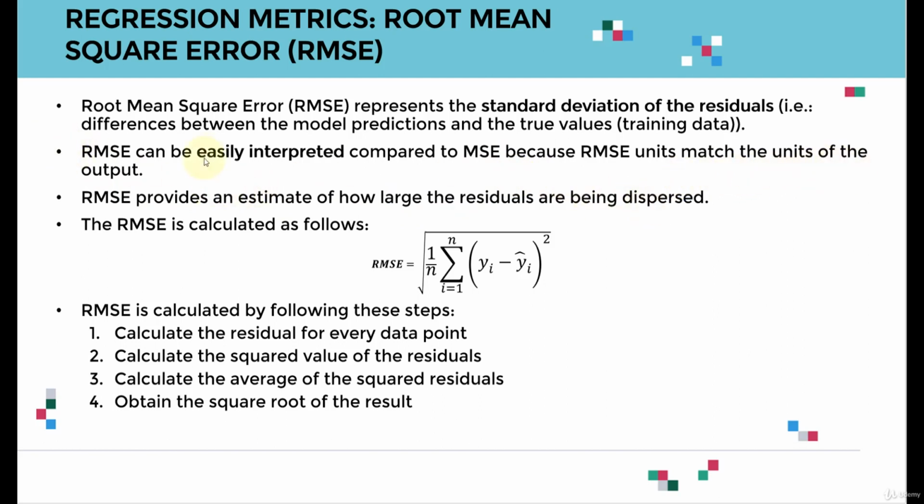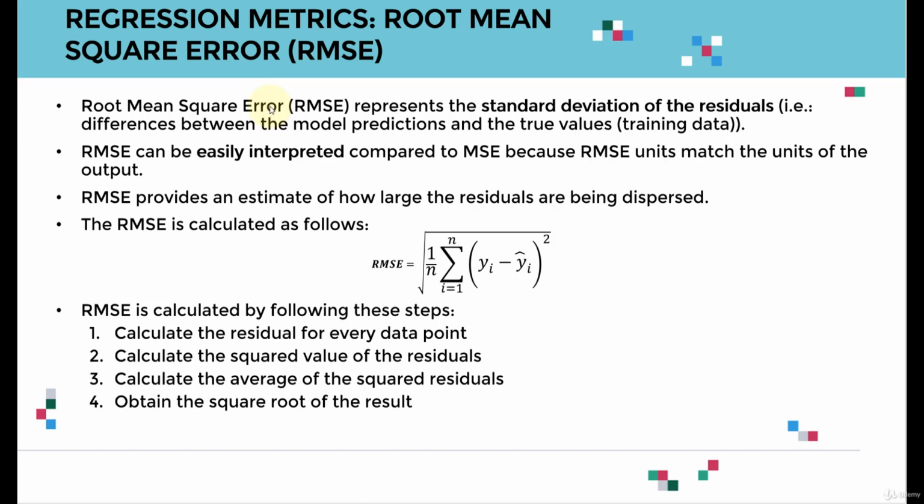RMSE can be easily interpreted compared to MSE because RMSE units match the units of the output. This is actually very important, and when I take a look at any model, I tend to look at the RMSE. For example, if we are trying to predict the salary of an employee, the units of the root mean square error are in salary units, in dollars.